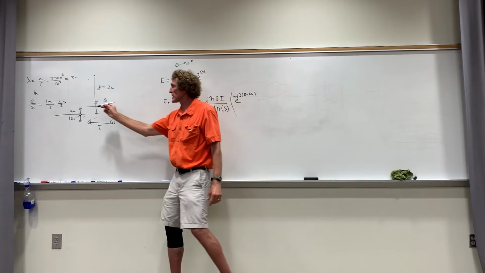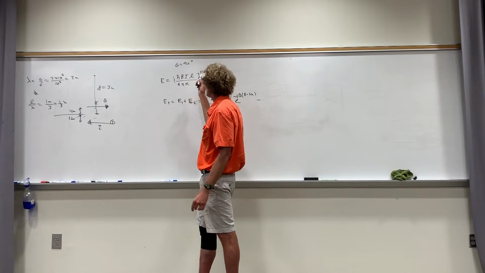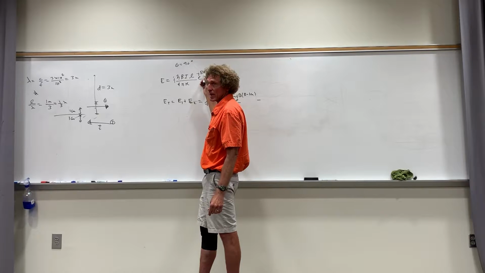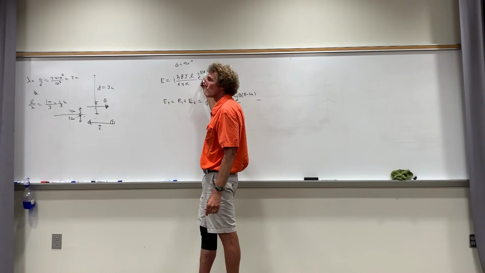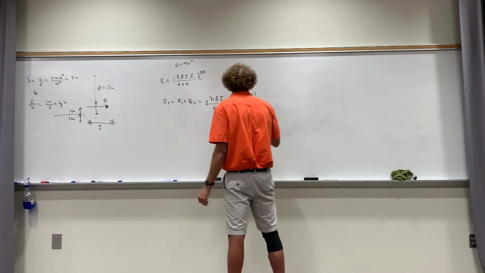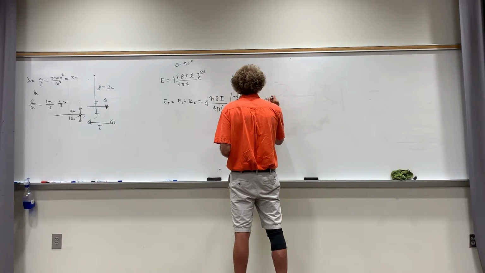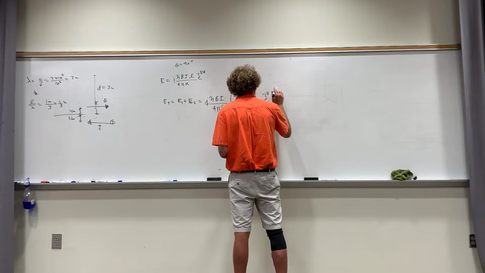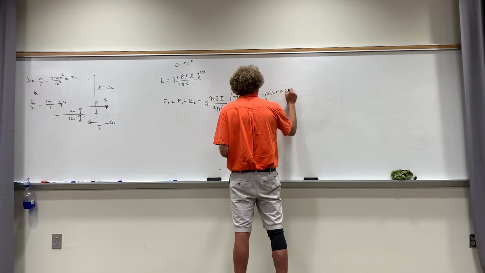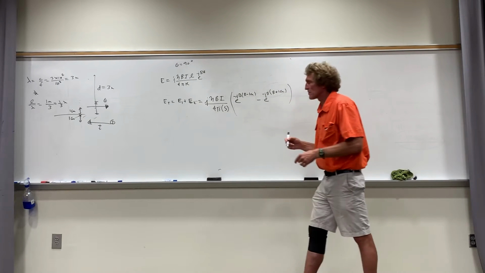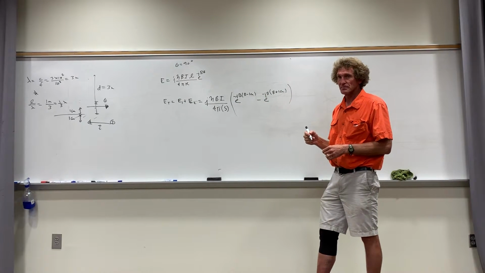This one, the current's going this way, we're assuming that's positive, and we're going to have e to the minus j beta r minus this. But now the current down there is in the opposite direction, so it's minus e to the minus j beta, r plus 1 centimeter. I'm doing it again for a reason. Do you agree with me, everyone?